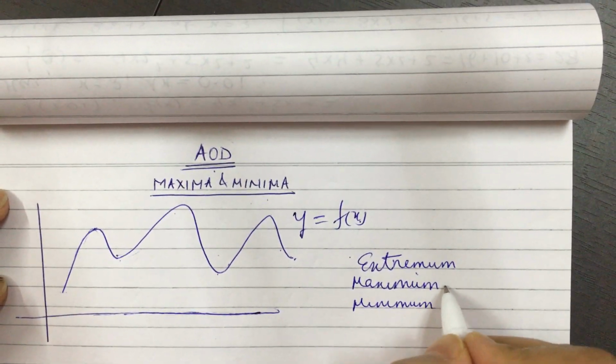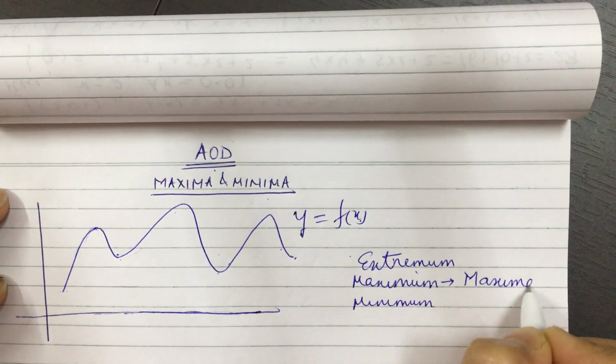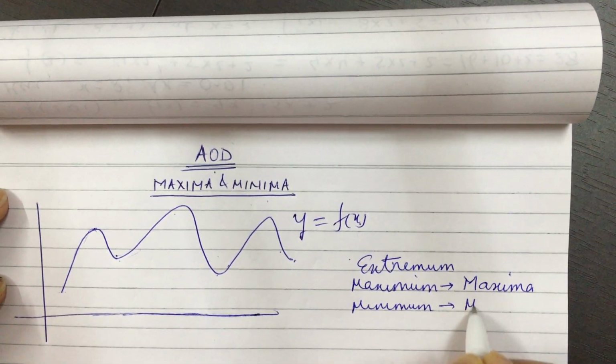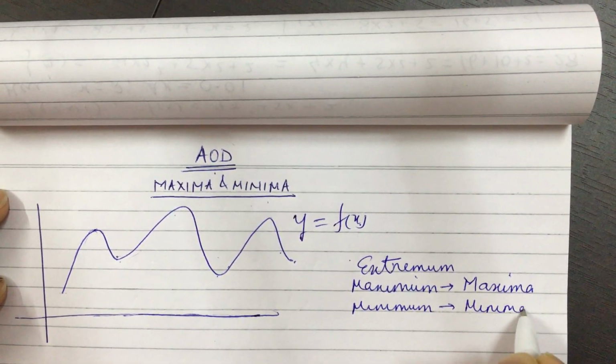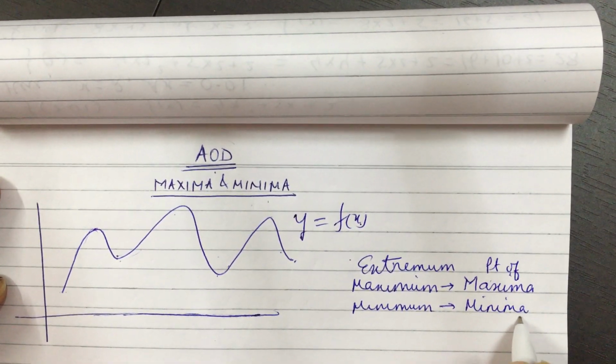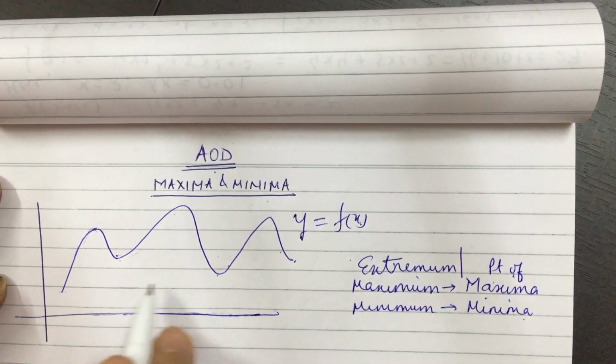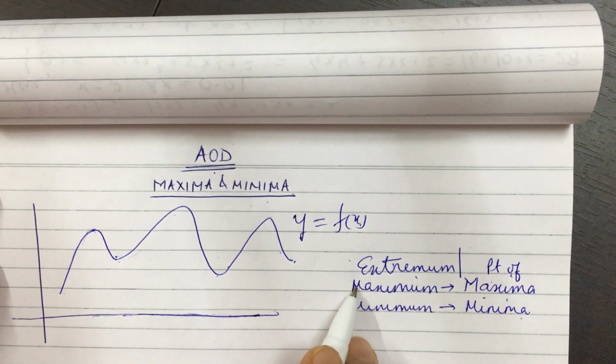The short form of maximum is maxima, point of maxima, and this is called a point of minima. Point of maxima and point of minima. So this is what we are going to deal with now.